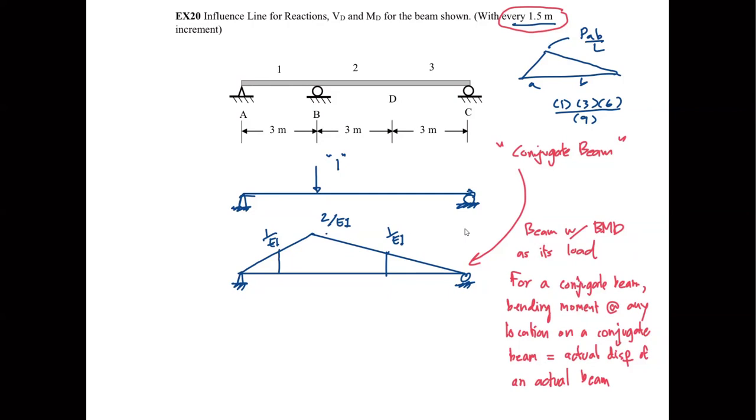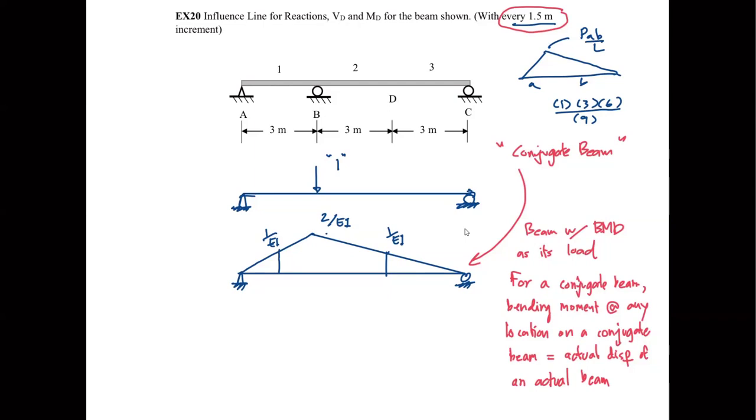Right. So we're just going to have to again execute the free body diagram. The total load from this load, you see, is 2 multiplied by 9 divided by 2. So it's 9 over EI, right?